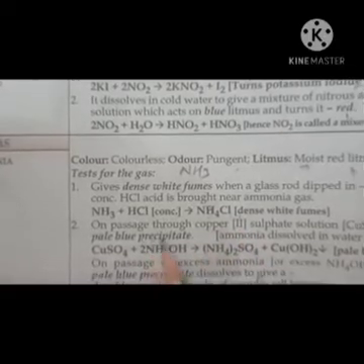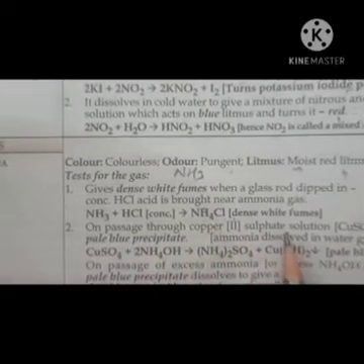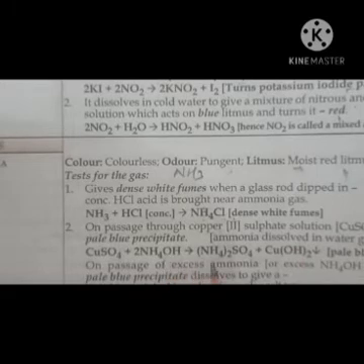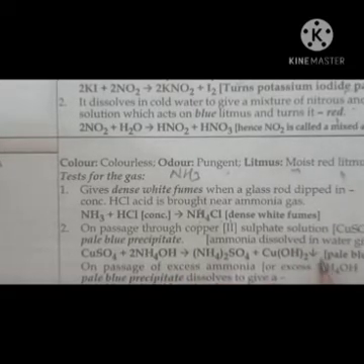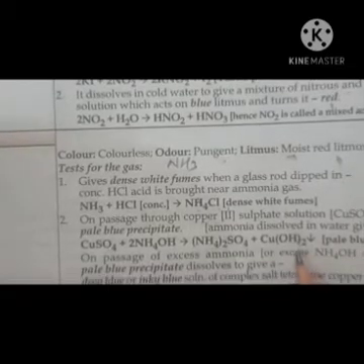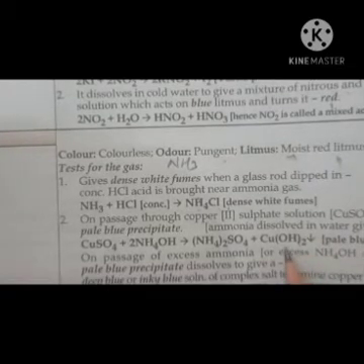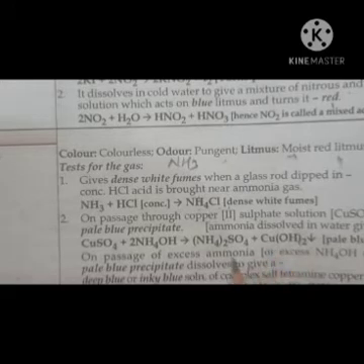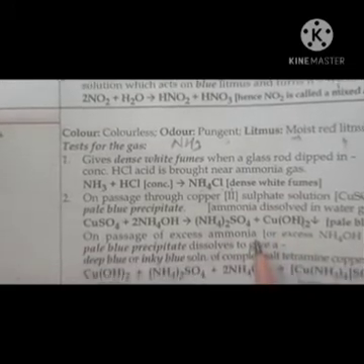Second, when ammonia is passed through a copper 2 sulfate solution, what happens? You will get a pale blue precipitate of copper hydroxide, which turns into an inky blue solution when you pass ammonia gas in excess.